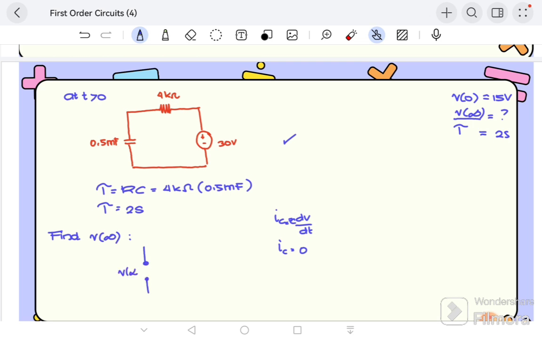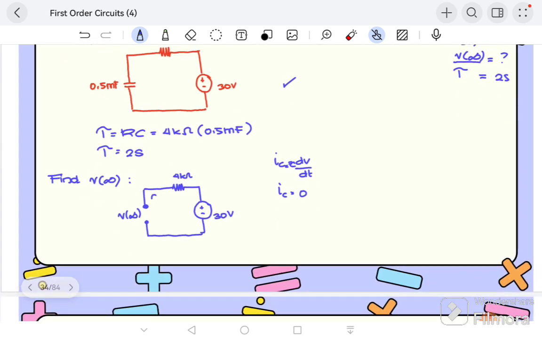So, for V infinity, we have the 4 kilo ohms and then the 30 volts. Now, take note, since the capacitor is open, the current I here is 0, which is also the current in the 4 kilo ohms. Therefore, the voltage across the 4 kilo ohms is 0, or we can replace the 4 kilo ohms with a short, since V across 4 kilo ohms is IR, and I equals 0.